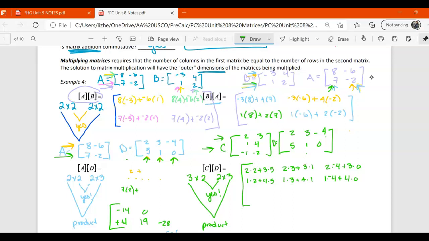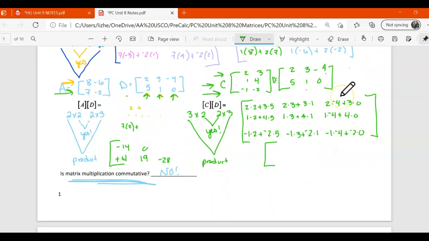And then finally, third row, negative 1 times 2 plus negative 2 times 5. All right, second column, negative 1 times 3 plus negative 2 times 1. And then finally, negative 1 times negative 4 plus negative 2 times 0. So I clean that up. Can make that a little bigger.